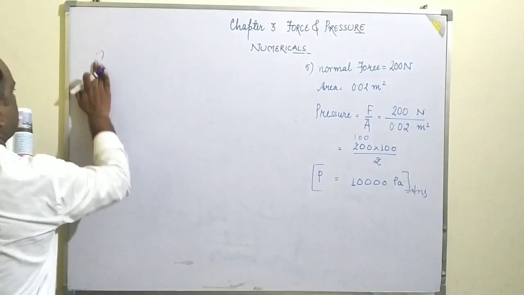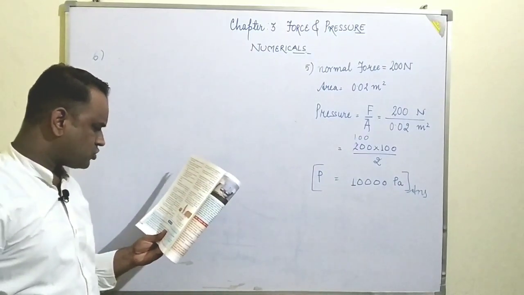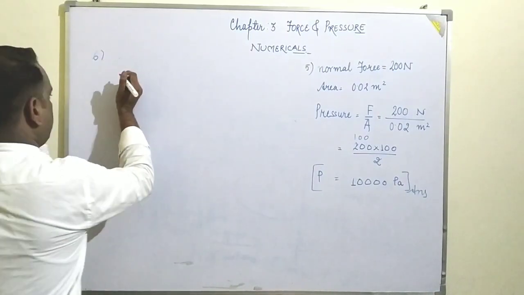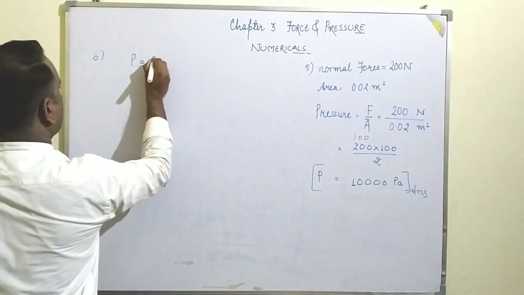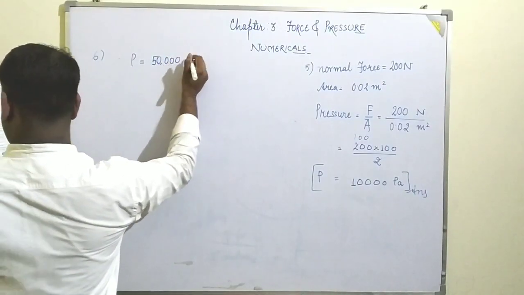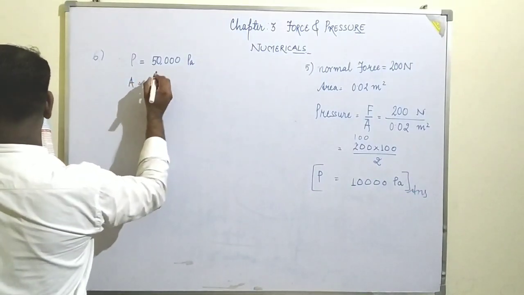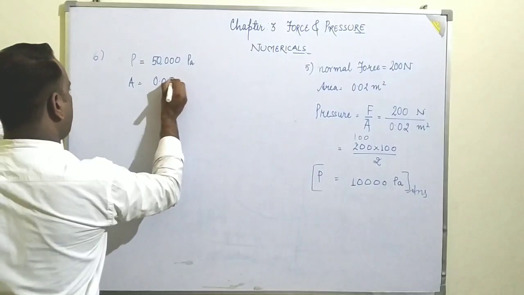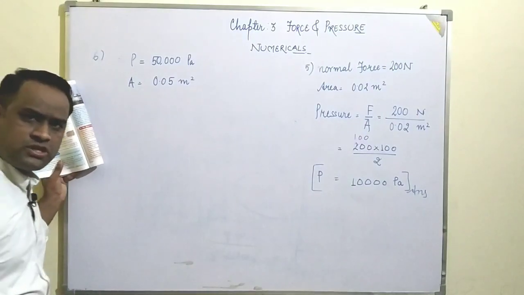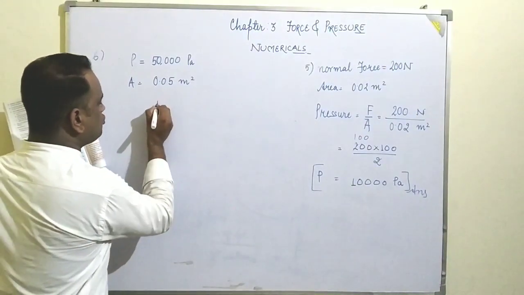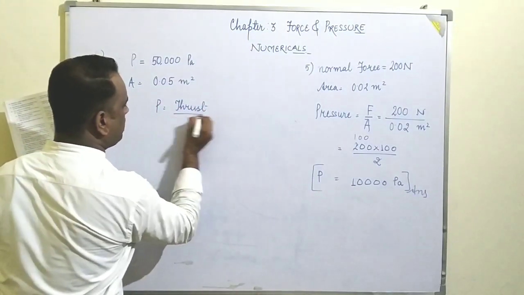The question number 6 says the thrust required to exert a pressure of 50,000 Pascal is to be found. Pressure is given as 50,000 Pascal, and area is given as 0.05 meter square. We have to calculate the thrust. So pressure is equal to thrust upon area.